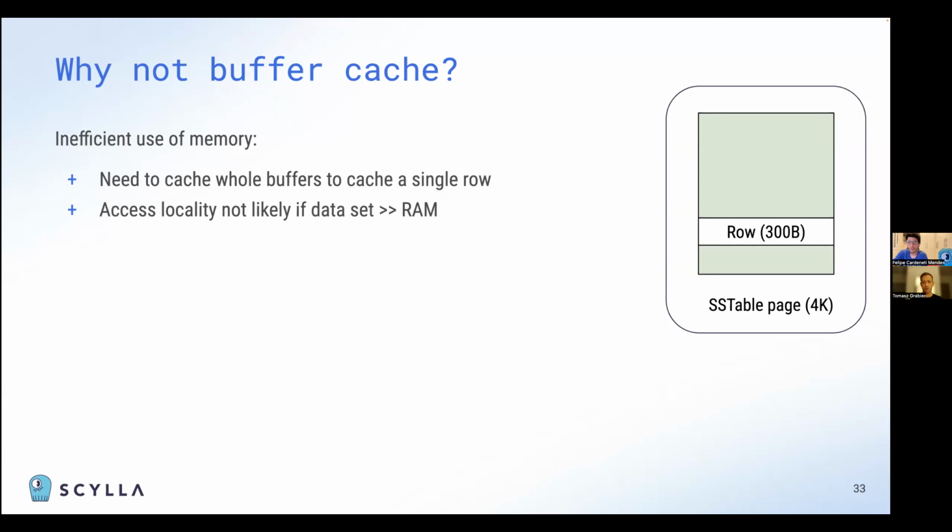If you have 4 kilobyte pages and you want to read a single row, you have to waste a lot of memory because you need the whole buffer in memory, and the row which you want to access may be just 300 bytes. That's a realistic size of a row, for example. And this results in waste if you don't have locality, and if your data set is larger than RAM, then locality is unlikely.